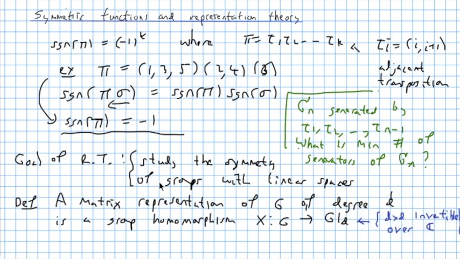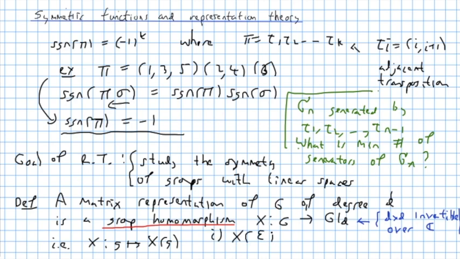Okay. So what does group homomorphism mean? An equivalent statement is I want a map that sends to each element in the group an invertible matrix, and it has to satisfy the following properties.